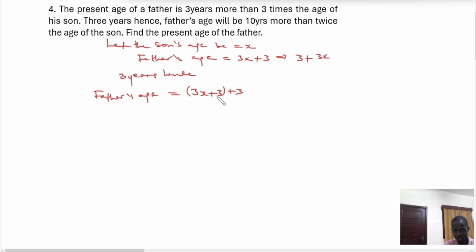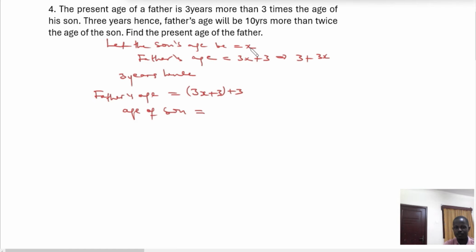So we're going to add 3 to the present age of the father, which is 3x plus 3. All brackets closed, plus 3. So 3 years hence, this is the age of the father. So the age of the son, we already know, is x.